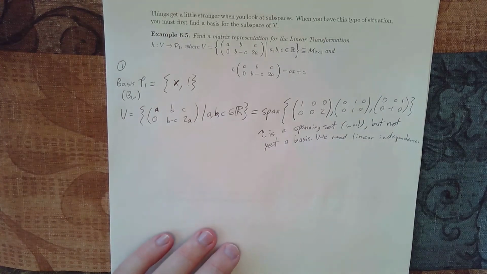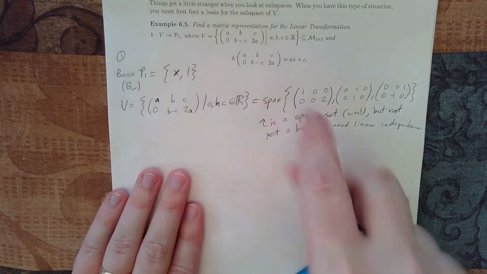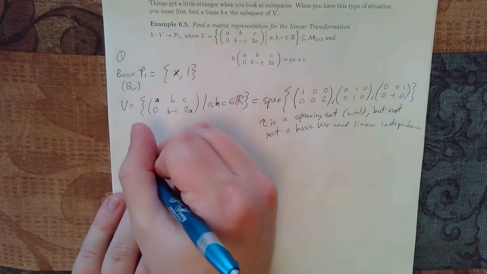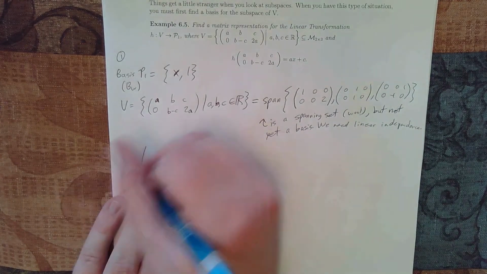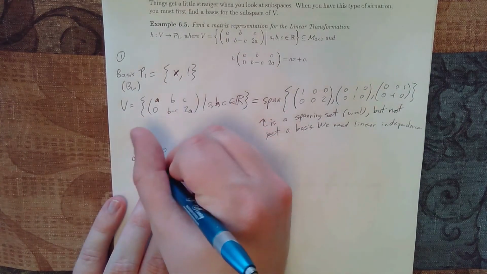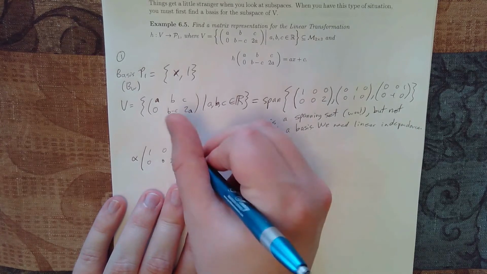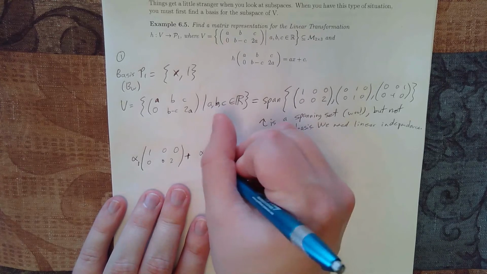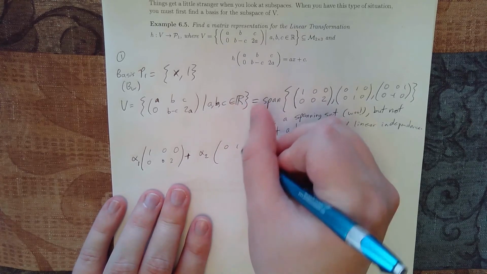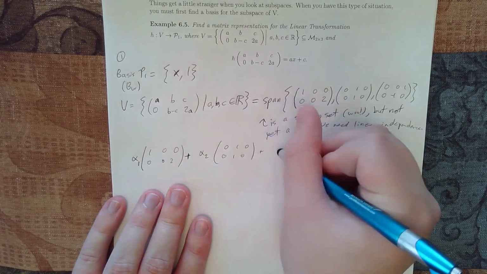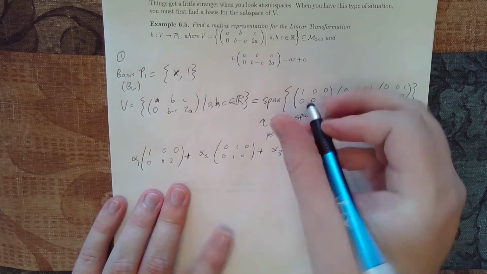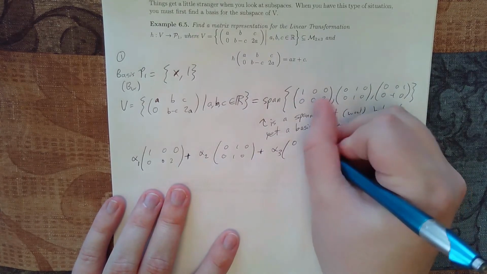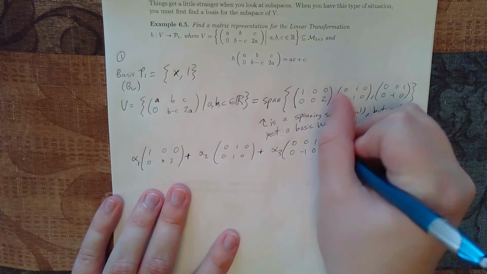Alright, so let's figure out if these three vectors are linearly independent. What we'll do is take some alpha 1 times [1, 0, 0; 0, 0, 2], plus alpha 2 times [0, 1, 0; 0, 1, 0], plus some alpha 3 times [0, 0, 1; 0, negative 1, 0].